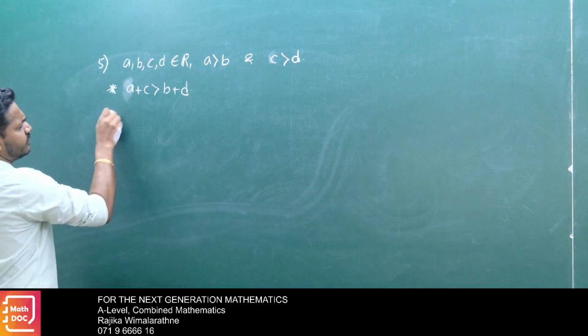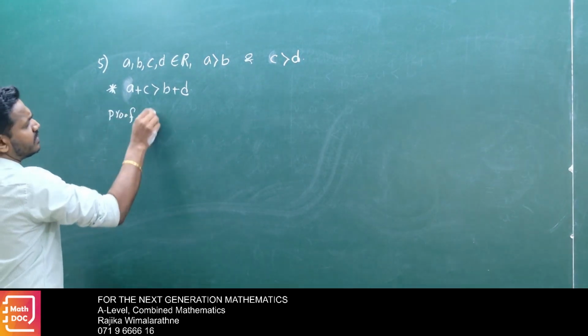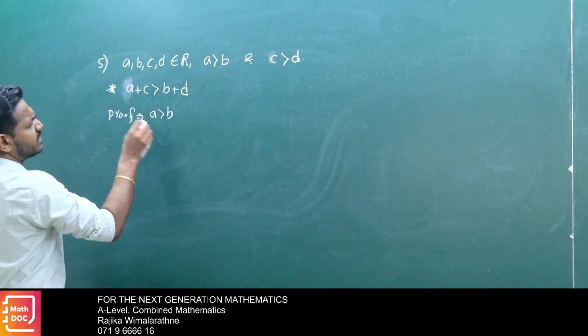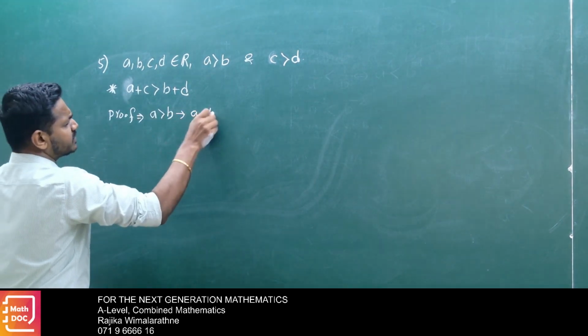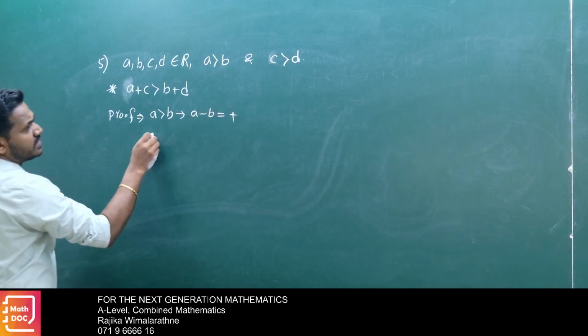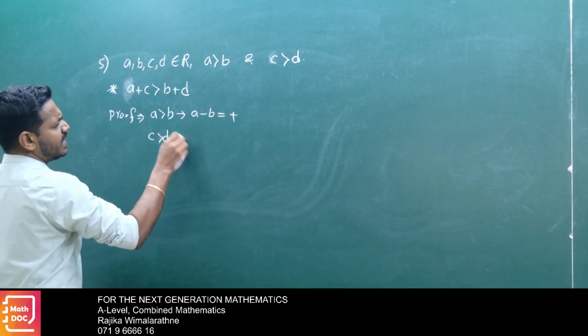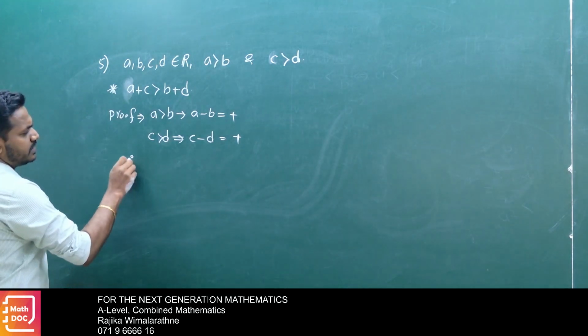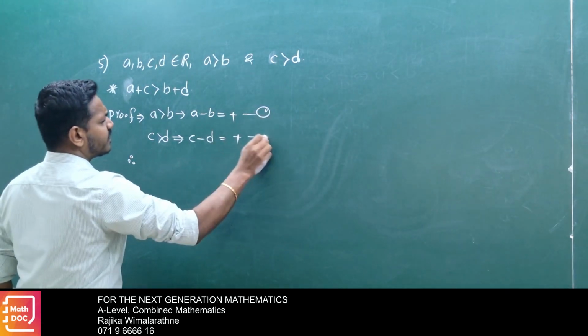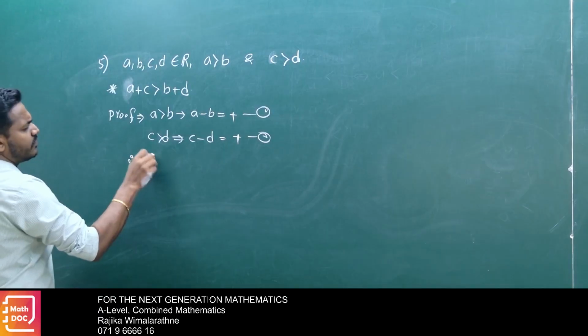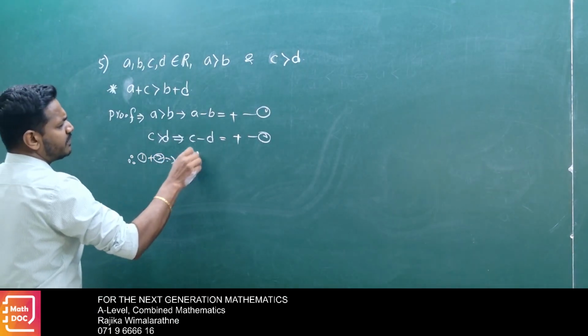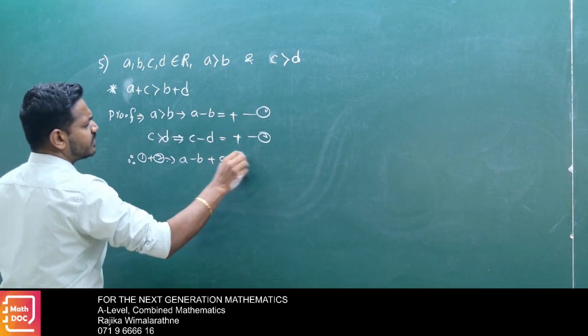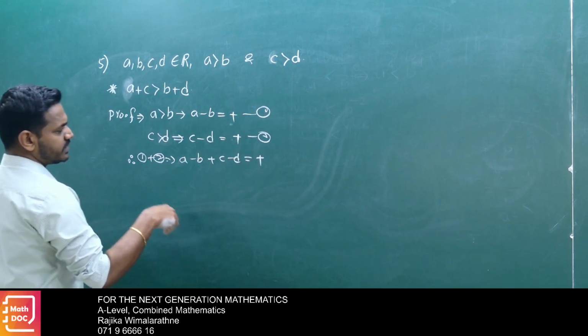Then here the proof. A greater than B, the idea is A minus B positive. C greater than D, the idea is C minus D positive. Now add them. 1 plus 2, A minus B plus C minus D, positive addition will be positive.